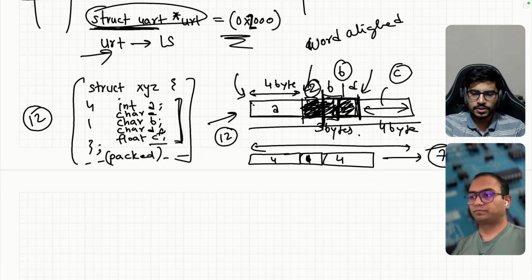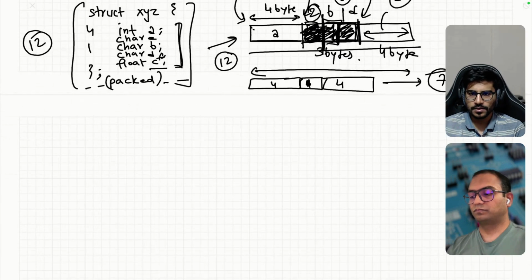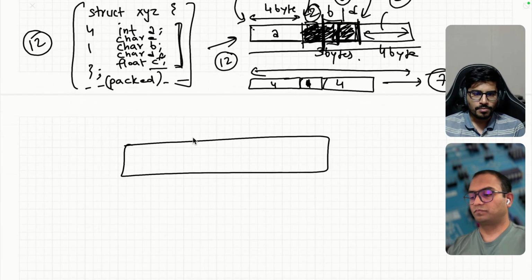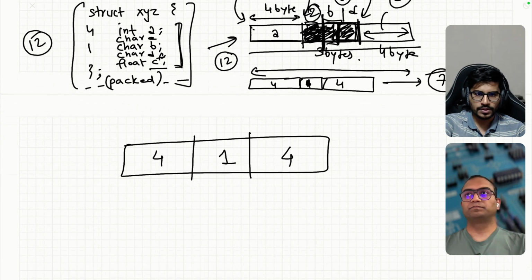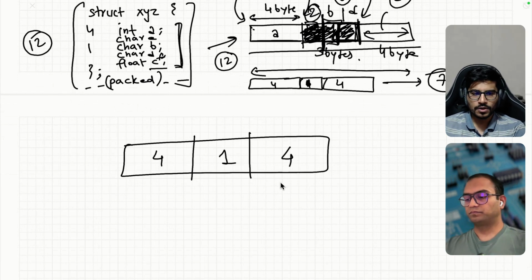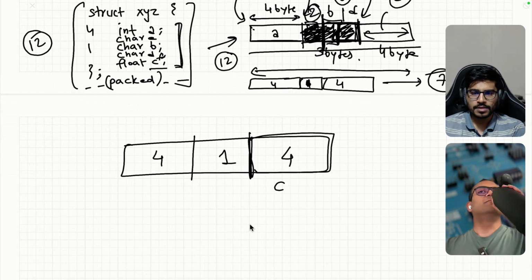So one more thing to add on the second case, where the structure is packed. Here, the compiler has to be fully aware of where it has placed what, and while you are referencing the float, which was the last one, it has to make sure that it doesn't generate an unaligned memory transaction.